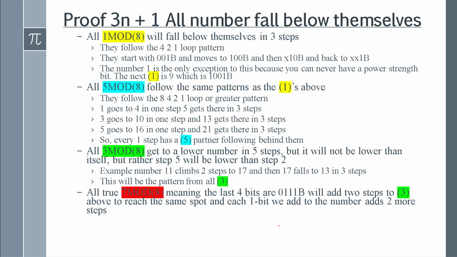Right, so the example here is 553 will get to 40 in 3 steps. 35 will get there in 5 steps, 23 in 7 steps, and 15 in 9 steps.